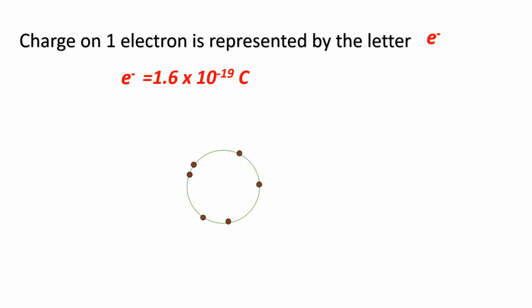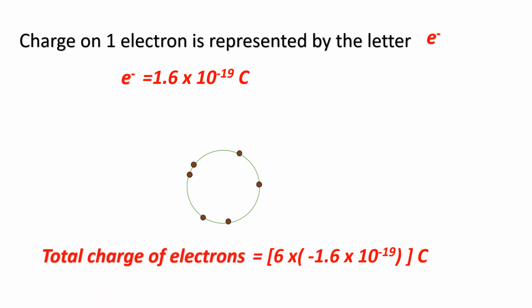There are 1, 2, 3, 4, 5, 6. So if one electron has a charge of minus 1.6 into 10 to the power minus 19 coulomb, the total charge of electrons in this atom is 6 times minus 1.6 into 10 to the power minus 19 coulomb, 6 times of one charge. That gives us minus 9.6 multiplied by 10 to the power minus 19 coulomb.